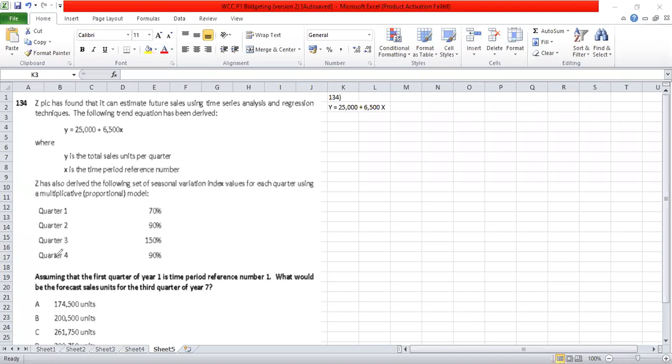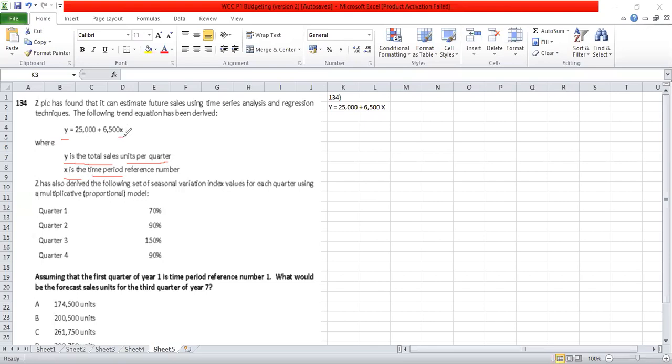Y is equal to total sales units per quarter. X is the time period reference number. Regression technique is taken, but this time in regression technique y is not total cost. What did they mention? Y is the total sales units per quarter, and x is representing the time period reference number. So x is the time period.